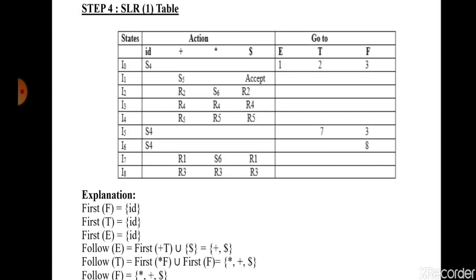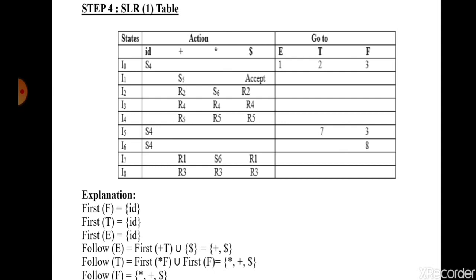So in action, for I0 with ID, we write S4. For goto we simply write the number, but in action we write it using the shift operation, S4. Like this, we fill up all the states I0 to I8 by applying the shift operation.